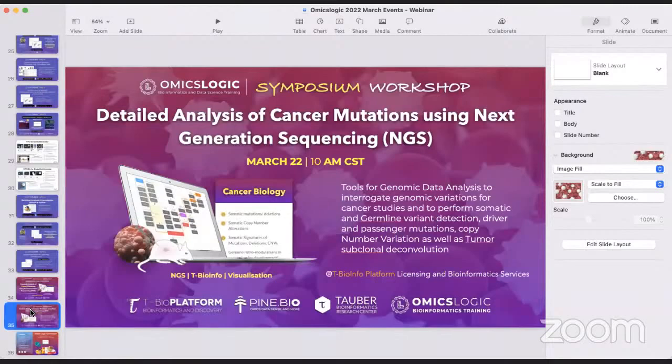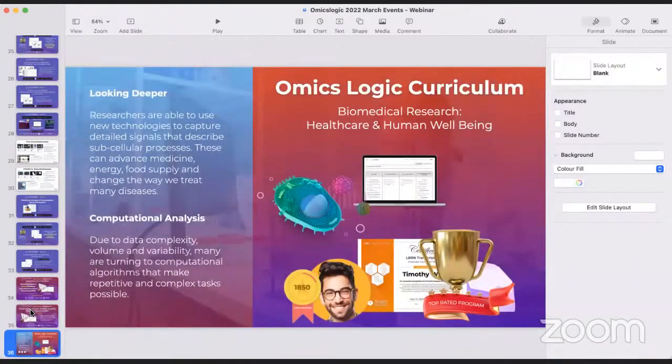So followed by that, the last session, the last workshop before the symposium, is on curriculum development.